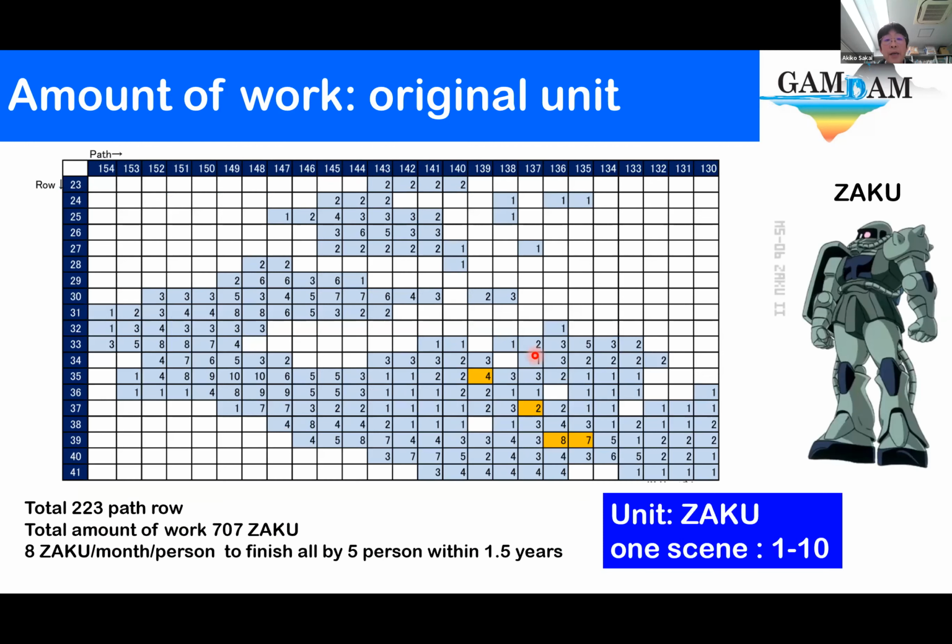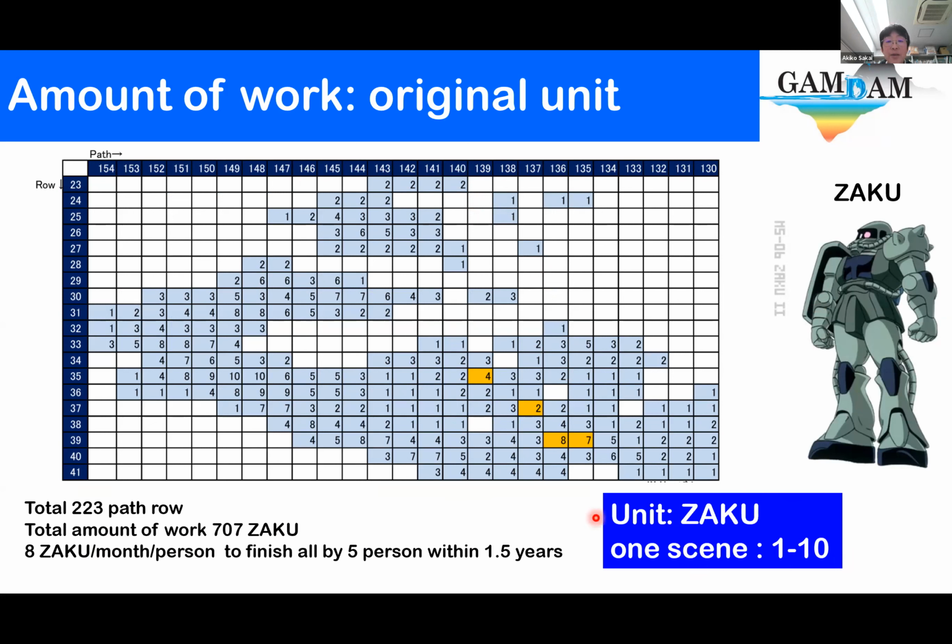The estimated work amount was classified from 1 to 10 at each scene, and I decided the unit was Zaku. Zaku, Z-A-K-U, came from the name of the mass-produced robot in the GAMDAM animation.